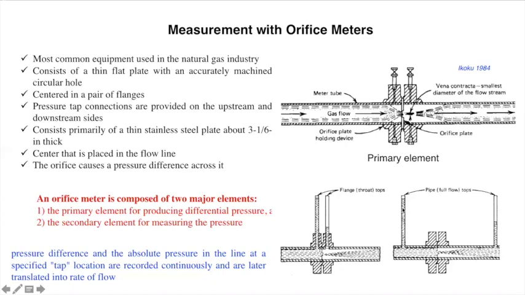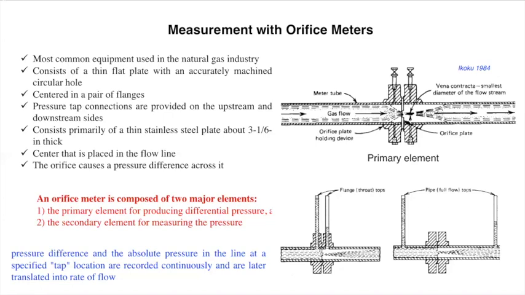They can be placed here, on the flanges, or somewhere near the vena contracta and one diameter from the orifice meter, somewhere here. So various regions have been defined for placement of these pressure taps. We'll see it later on.